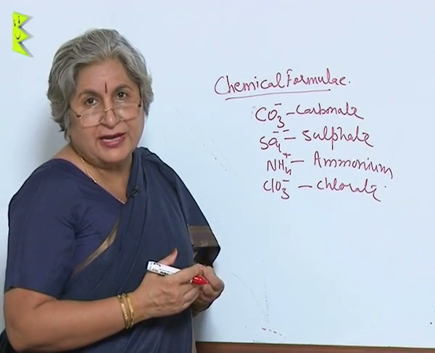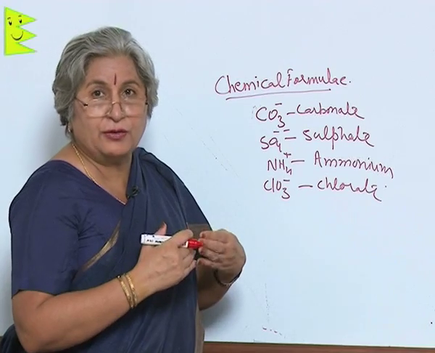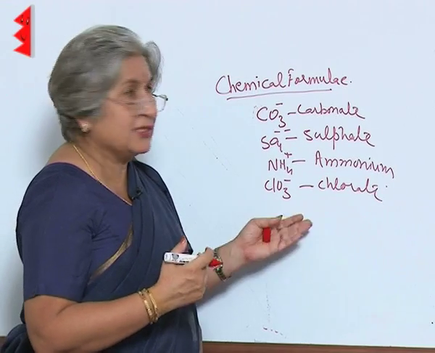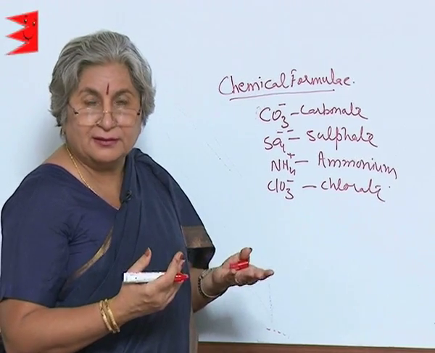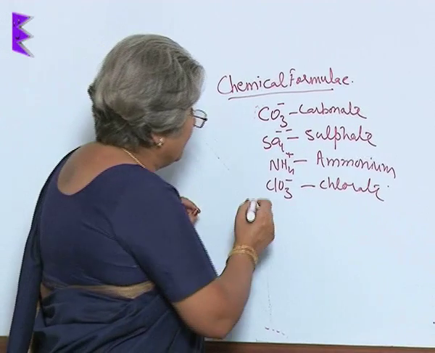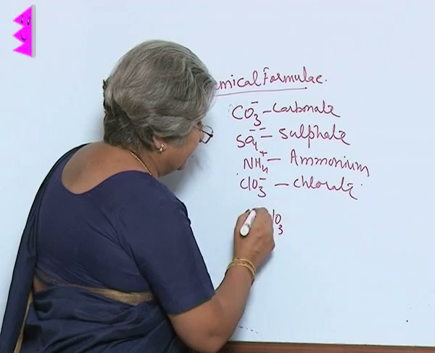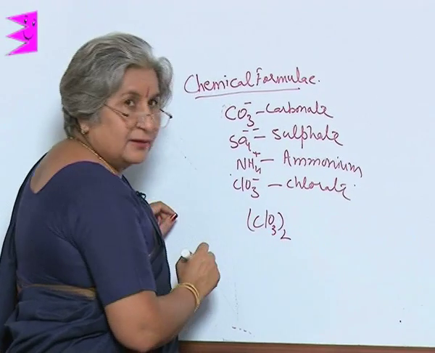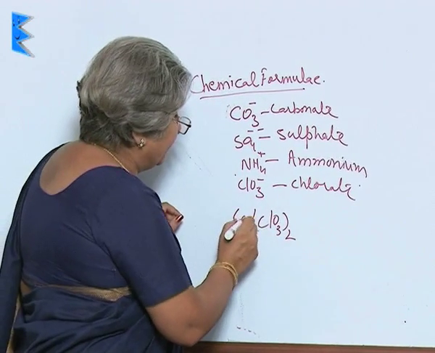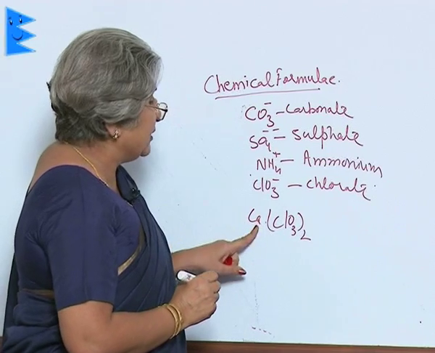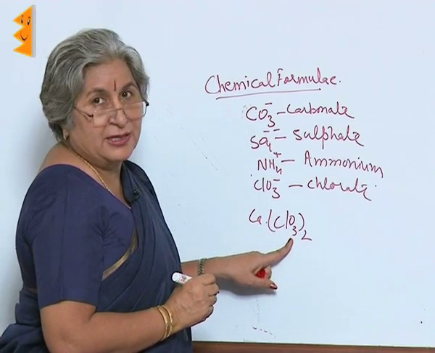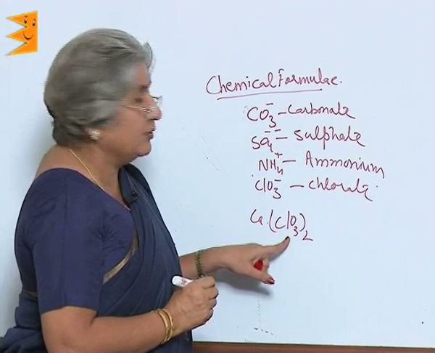But actually what we are saying is that both chlorine as well as oxygen are double. Then what will we do? We have to put it in a bracket. If it is calcium chlorate, for example, the 2 valency of calcium has to go to chlorate, then we will put it in a bracket.